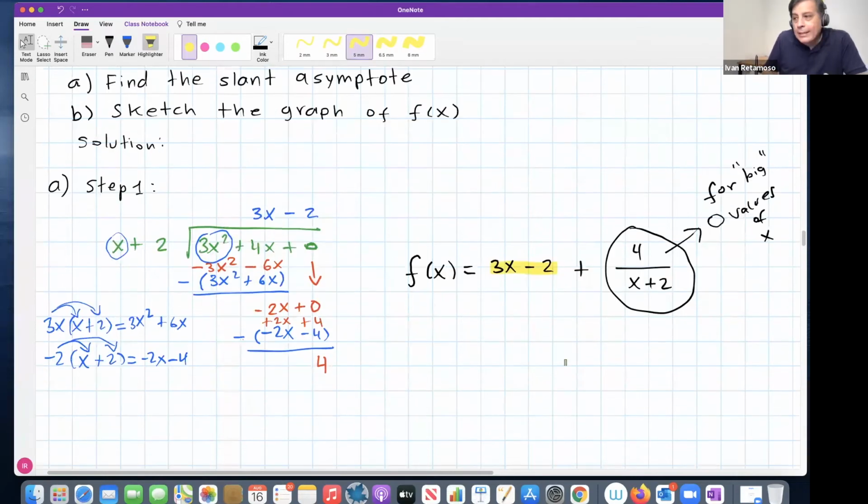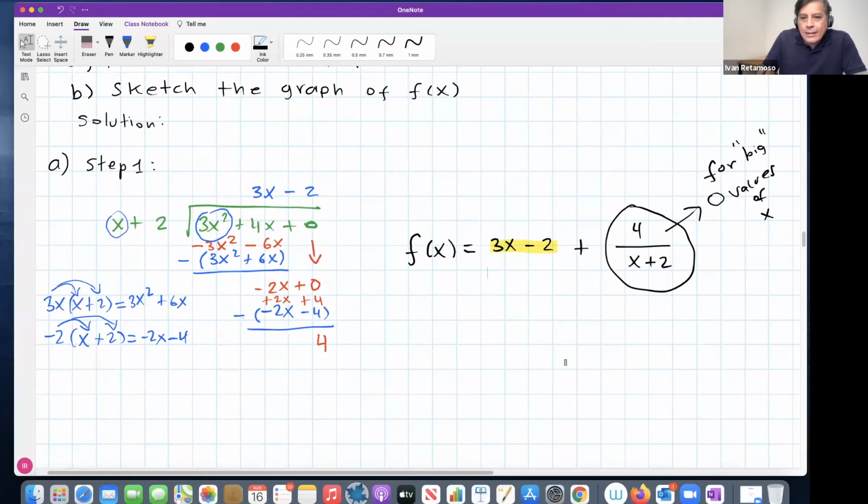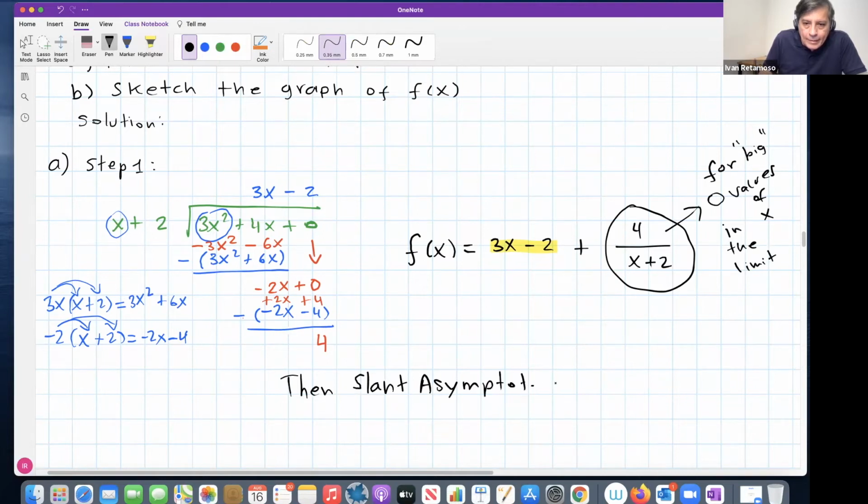For big values of x, in the limit. So to put it simple, you pick this up and you say, then a slant asymptote is y equal this guy, 3x minus 2. What you get from this division of polynomials, right? Very good.